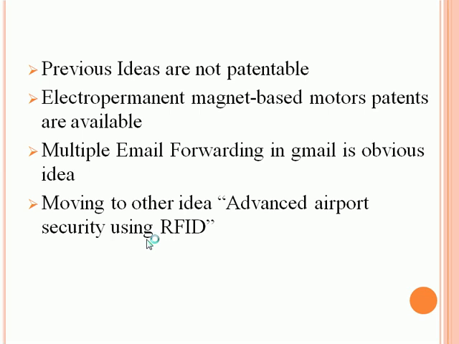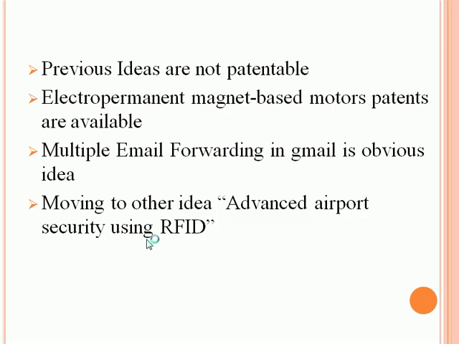When I talked with Professor Ryan Munden about multiple email forwarding, he said it's an obvious thing; if Google wants to do that, they can do it. So I thought it's not a better idea, and that's why I'm moving to another idea.